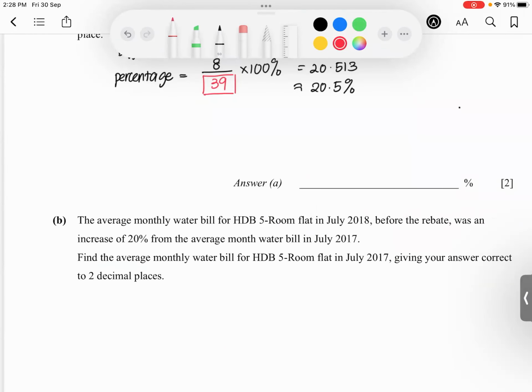The question says that this price was an increase of 20% from July. So that means from 100%, I plus 20%, I get 120%. What does that mean?